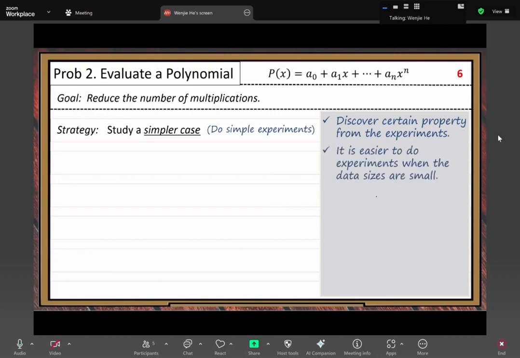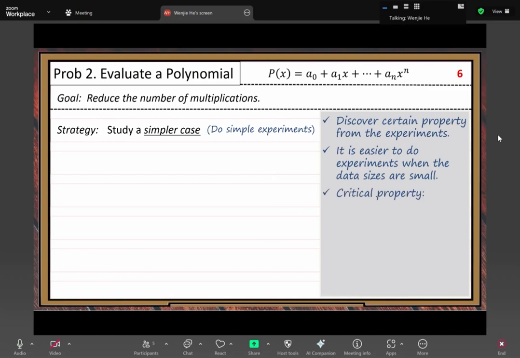So it is easier to do experiments where data sizes are small. That's obvious, right? When we do our first experiment, if we choose a polynomial with 1,000 terms, is that a good idea? It's not a good idea, right? Very messy. That's obvious.